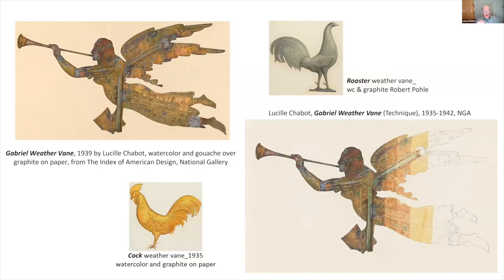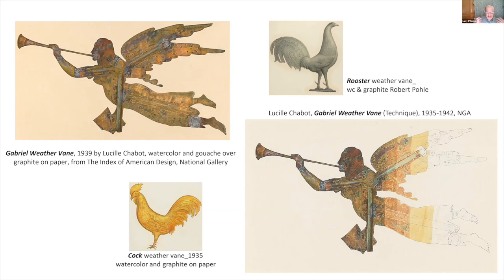So what happened was in the 30s, from 1935 until 1943, the WPA was creating what was called the Index of American Design, and they hired artists to do watercolors of the weathervanes, of baskets, of quilts and rugs and things like that, pottery, all kinds of things.